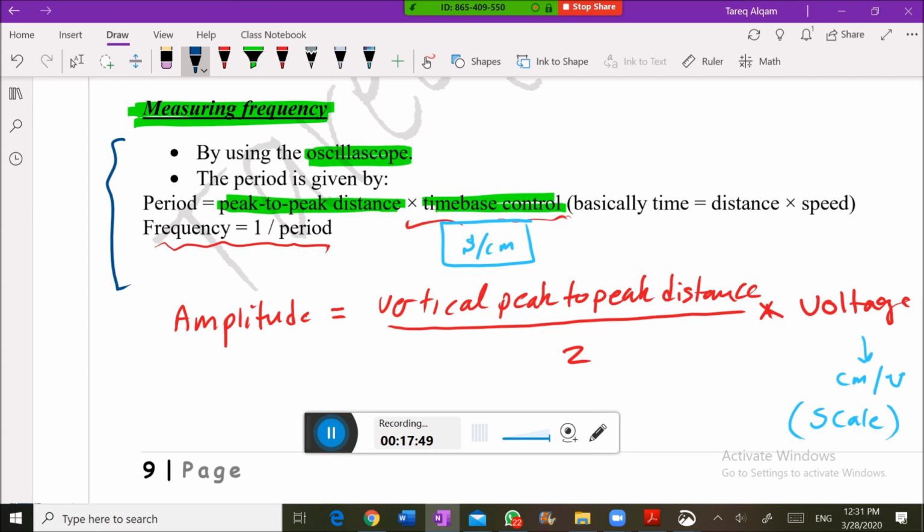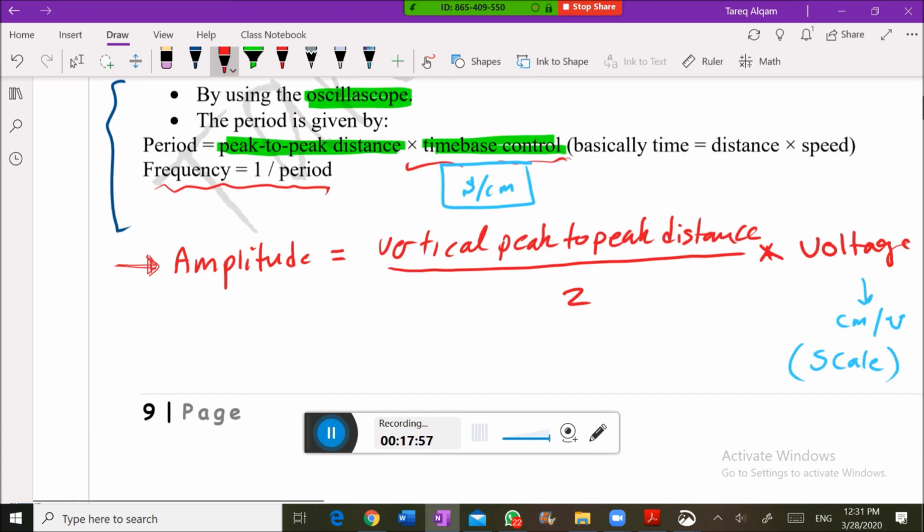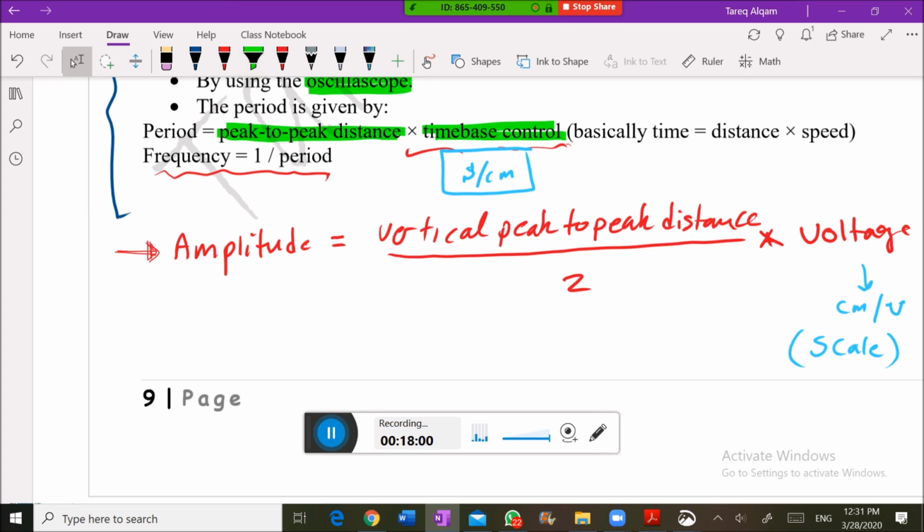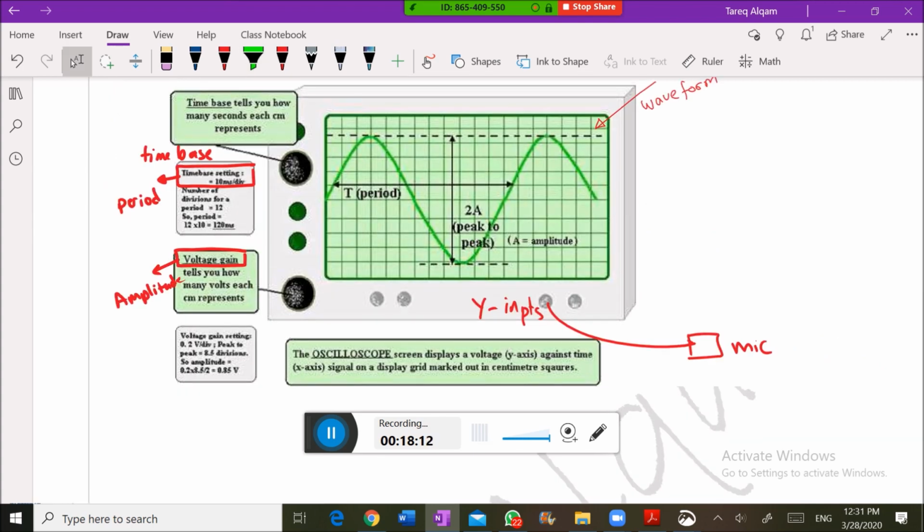Okay? If I want to find the amplitude, look here, look at what I wrote here. Vertical peak to peak distance. What does this mean? This part. Look with me, pay attention, guys.